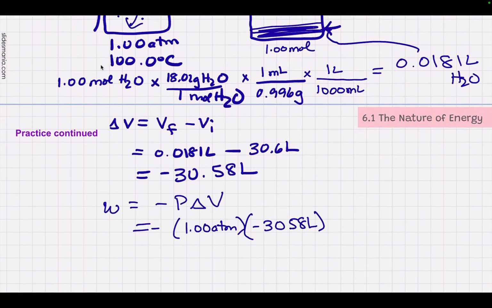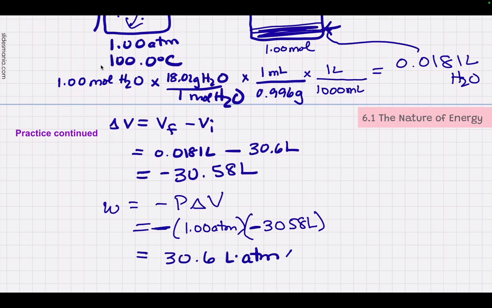And when I calculate this, I do get a positive because the two negatives are going to cancel each other out and make a positive. And then I'm also going to convert now to kilojoules.